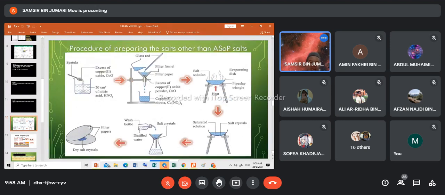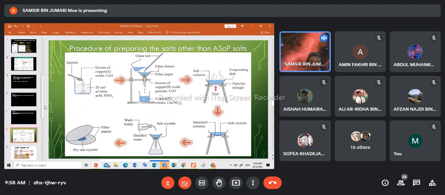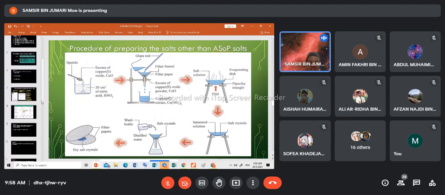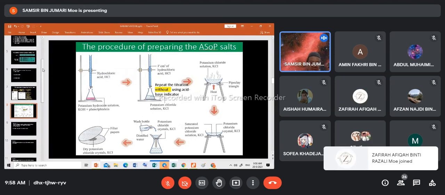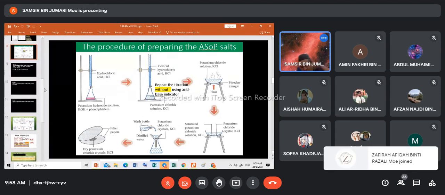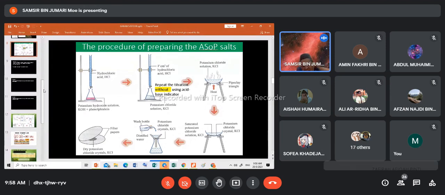Kalau diberi sodium sulfate, kita tahu this is a soluble salt. We can use only the titration method between the alkali and acid solution only. Okay. Jadi kita kena tahulah untuk menyediakan garam itu, pertama kelarutan garam, yang kedua jenis dia, sama ada sodium, potassium, ammonium salt atau other salt. Okay.